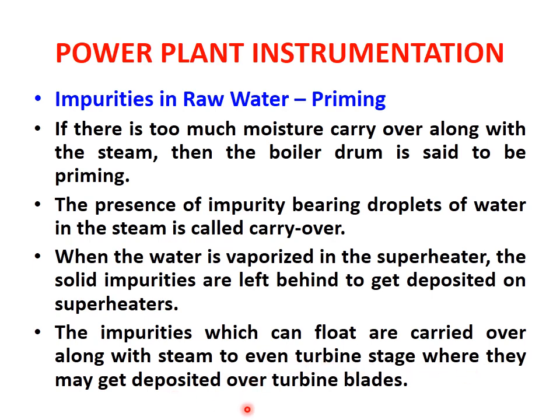The impurities which can float are carried over along with steam even to the turbine stage, where they may get deposited over turbine blades. Why is this type of impurity more important here? Because the moisture content coming with the steam can affect the blades of the turbine.